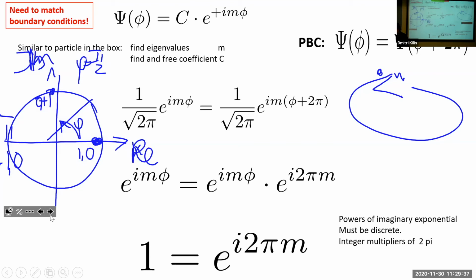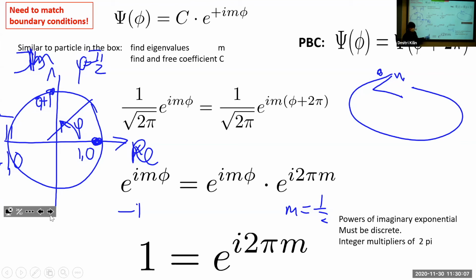So if you plug in m equals 1/2, then it will be -1, which is not good. If you put plus or minus pi over 2, it will be imaginary. And if you have m equals 0, 1, 2, then it makes the full cycle, and it will be again 1, 0, real part.